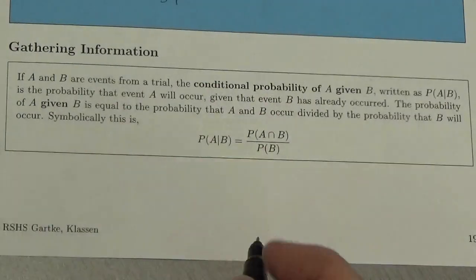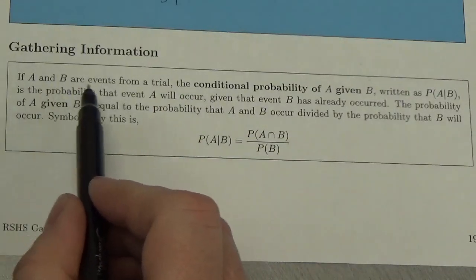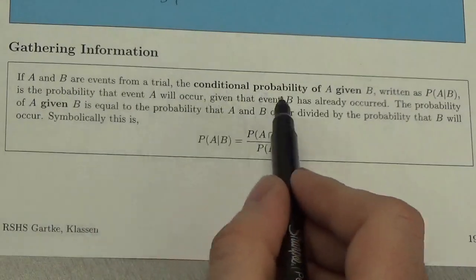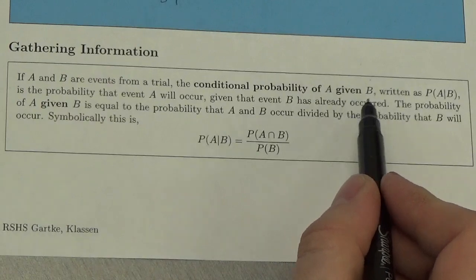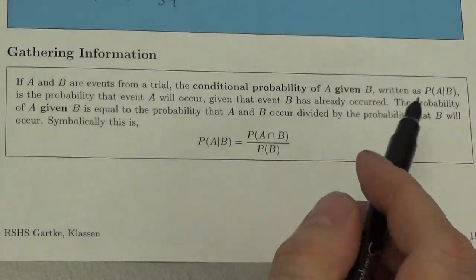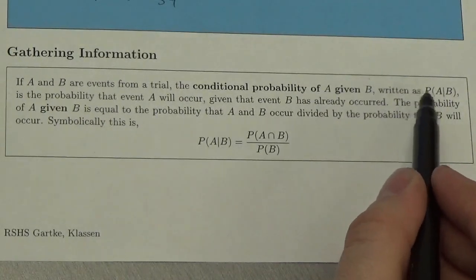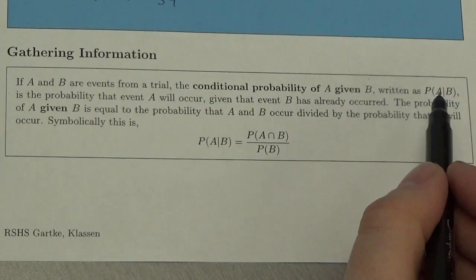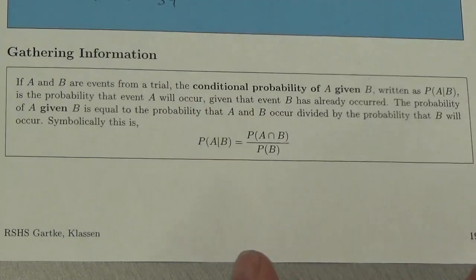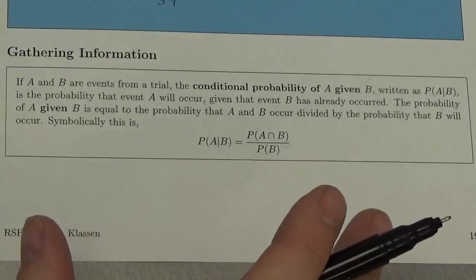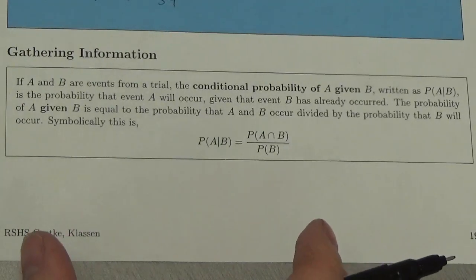Okay, so now that we've walked through that, just a little bit of theory. If A and B are events from a trial, the conditional probability of A given B is written as the probability of A, a vertical line, B. So we know that B has occurred. We've accepted the fact that B has occurred. We're now looking inside the B set.